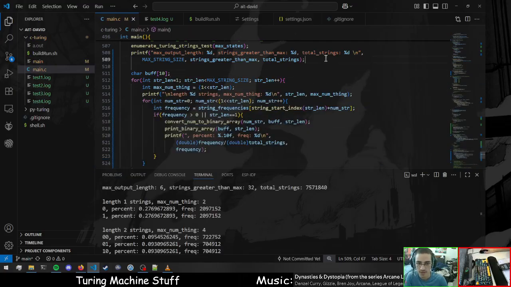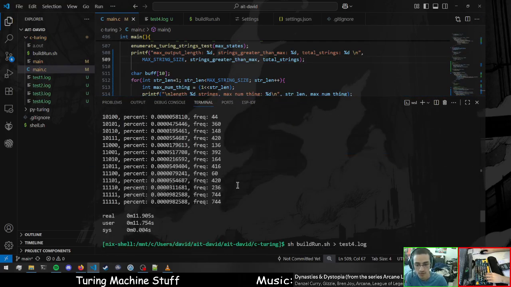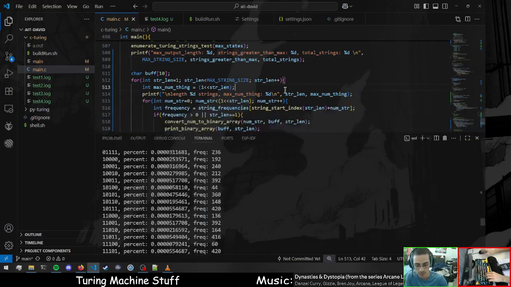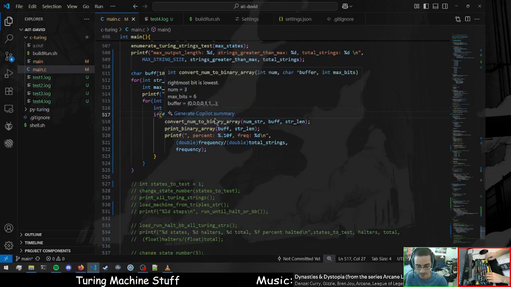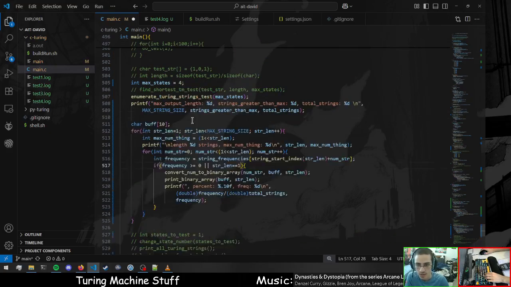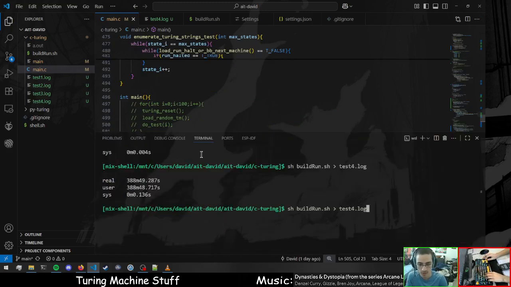Alright, so what I'm gonna do is take a look at these strings, and do this again for the 3-state Turing machines and see what I get.